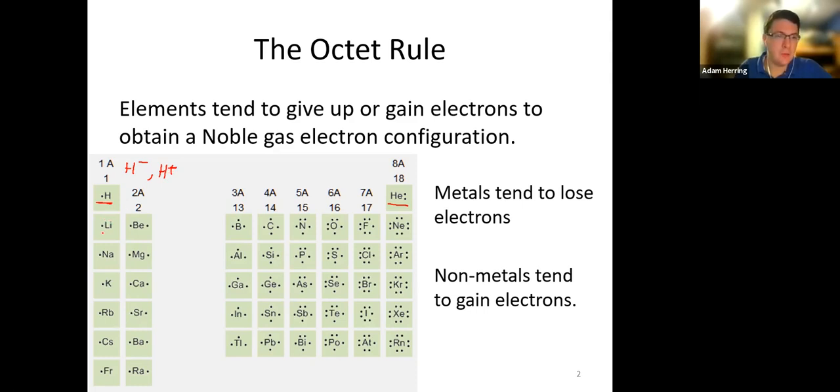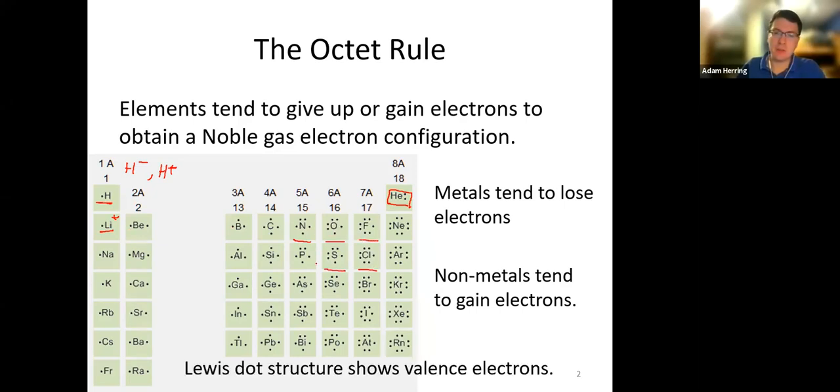Lithium has one valence electron, 3 total, and so it will lose its one valence electron to obtain the configuration of helium. Beryllium will tend to lose 2 electrons, etc. Whereas on the right side of the periodic table, it's going to be easier for those elements to gain 1, 2, or 3 electrons in order to obtain the noble gas configuration.